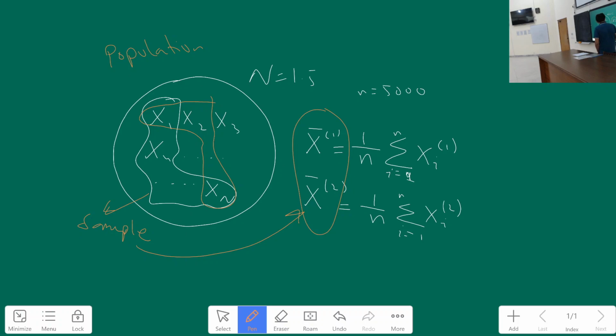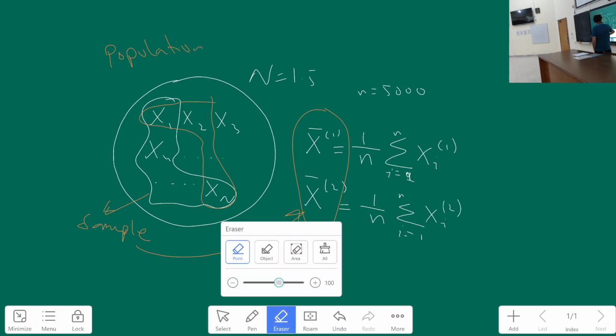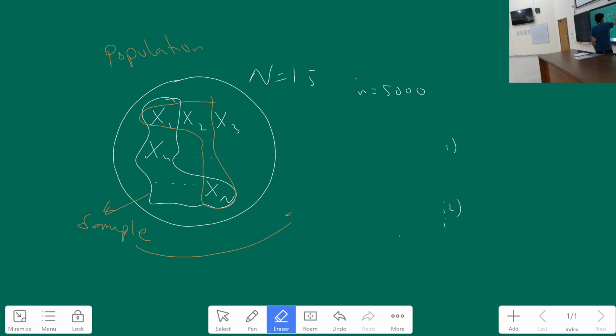Let's go with the claim of, I need some space here, so we'll take this away. This we have done in detail, so I'll just use this idea again.